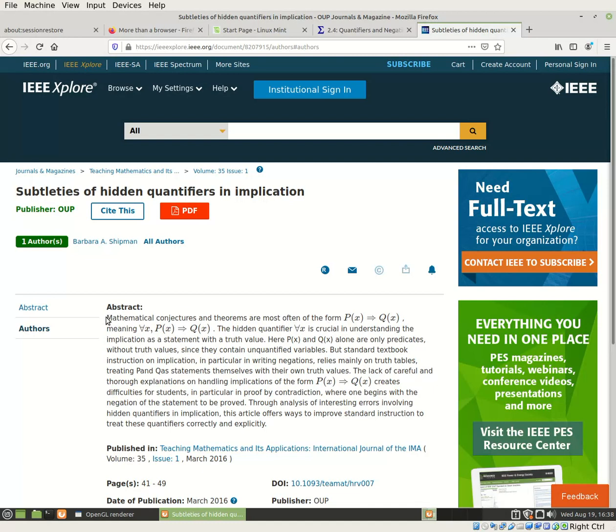If we read the first couple of sentences: mathematical conjectures and theorems most often are of the form P of x implies Q of x. Here we've got some predicates depending on x, meaning for every x, P of x implies Q of x. The hidden quantifier for all x is crucial in understanding the implication as a statement with a truth value, etc.